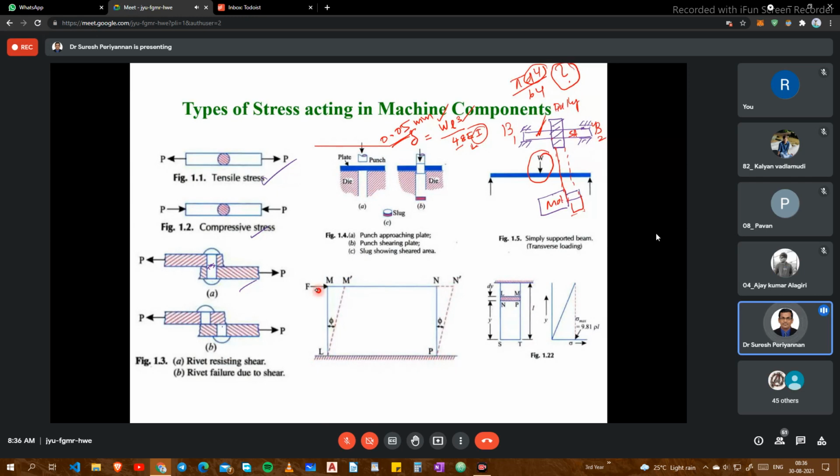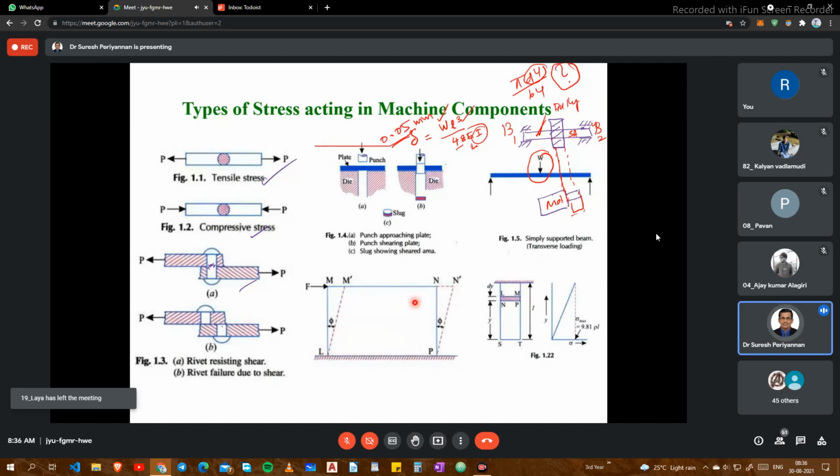When the shearing force is applied on the top, the bar deforms: M moves to M dash, N moves to N dash. The diagonal M and P is subjected to compression, but the diagonal L and N, going to a new position L and N dash, is subjected to tensile force.